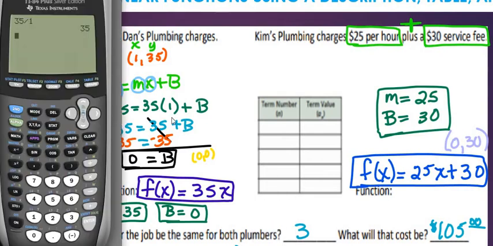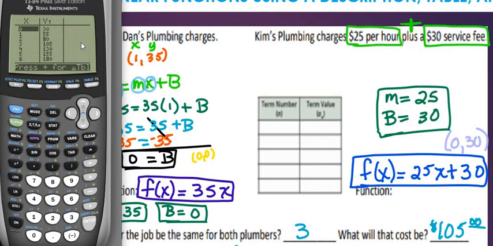Now I am going to take y equals, since I'm looking for a table, I'm going to put in 25x plus 30 and go to second and graph. And when I put this down, I see that I'm going to write this in.